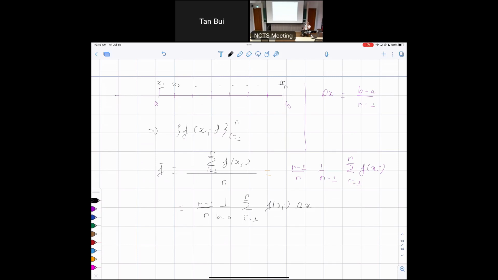It actually does not really matter at the end of the day, but should this be i from 1 to n plus 1 or n minus 1? N minus 1, yes, that's right.